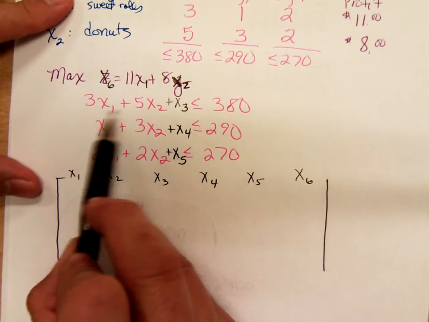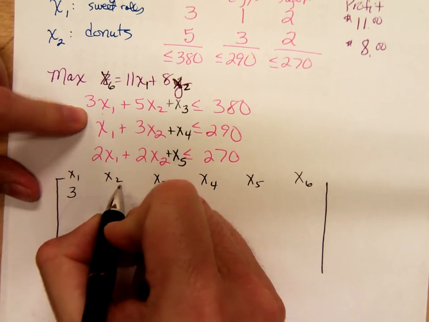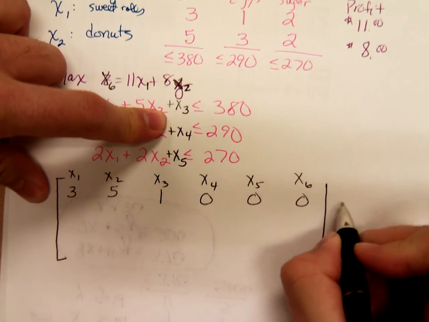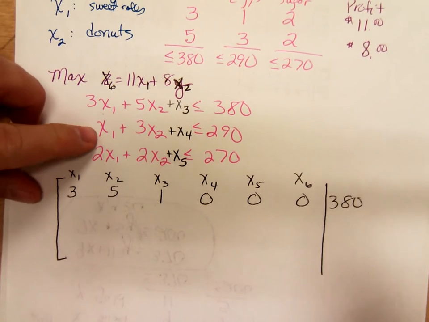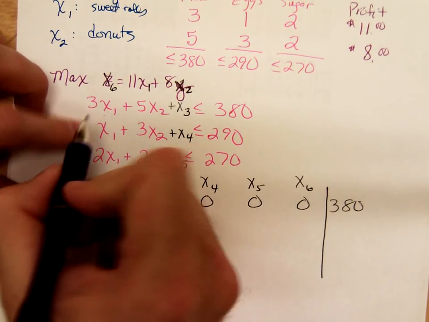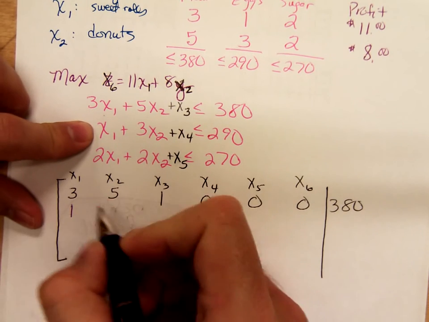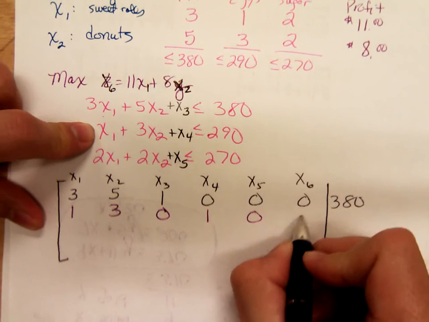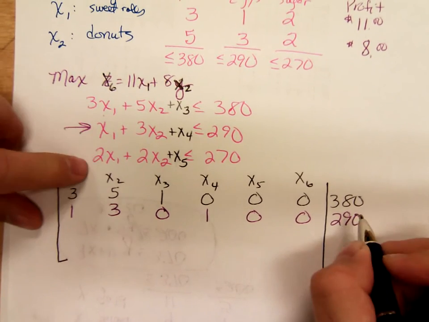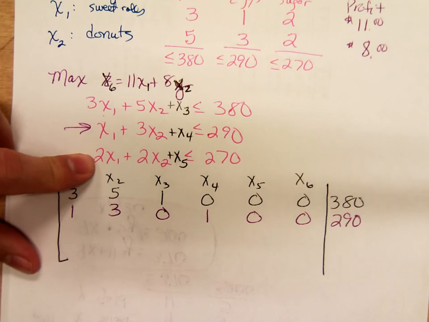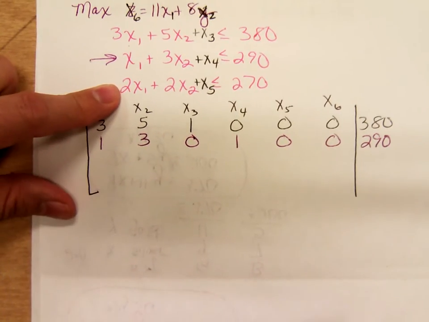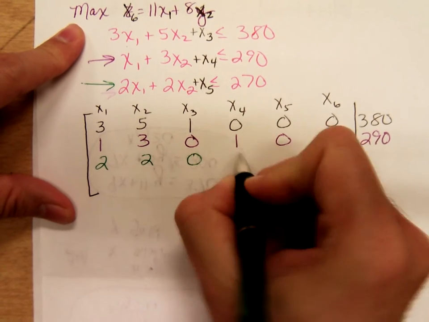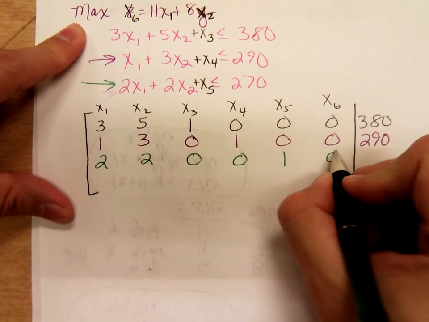It'd be 3x1, 5x2, and x3, zeros, 380. The second row, 1x1, 3x2, no x3, x4, 290. And the third row, 2, 2, 0, 0, 1, 0, 270.